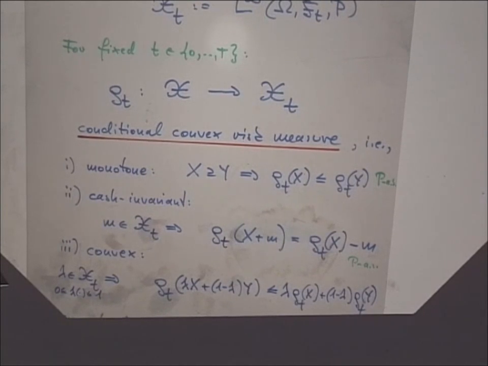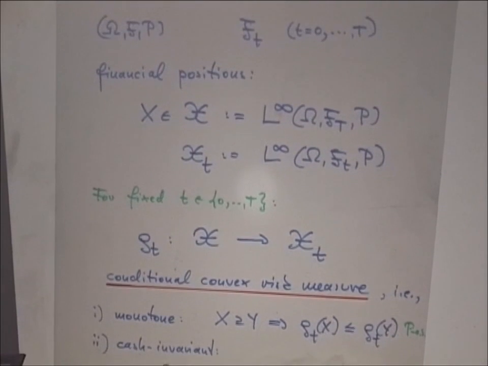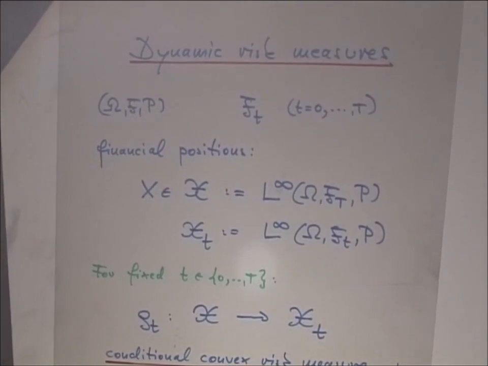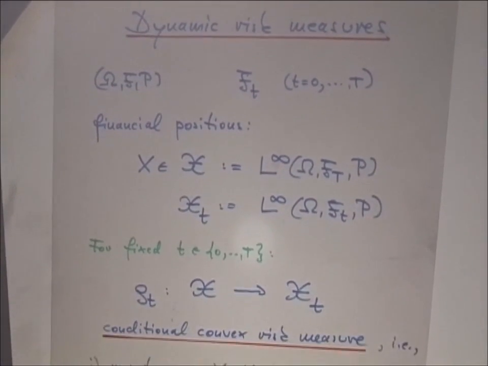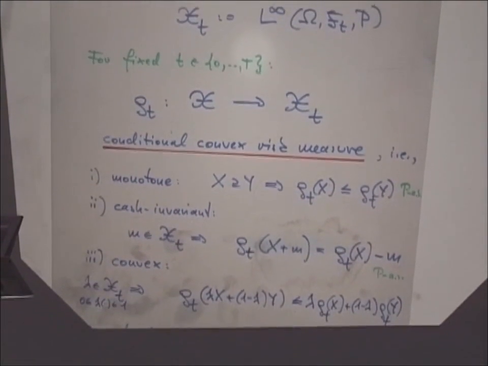We assume it is bounded to avoid certain integrability problems, which is a separate story for the extension. So let's denote by script X_t the class of bounded random variables which are FT measurable, so observable up to time t.